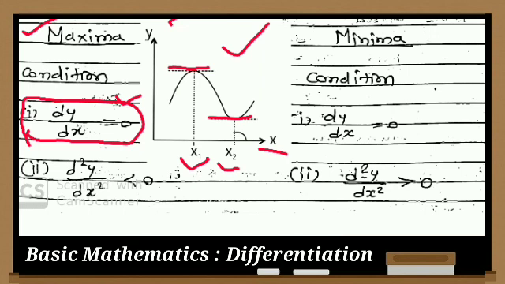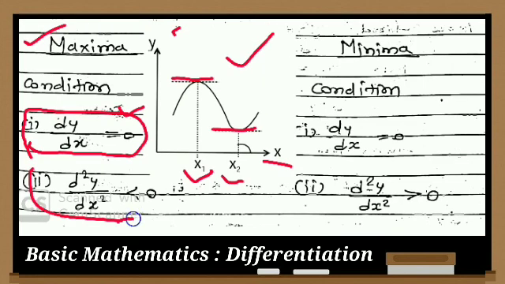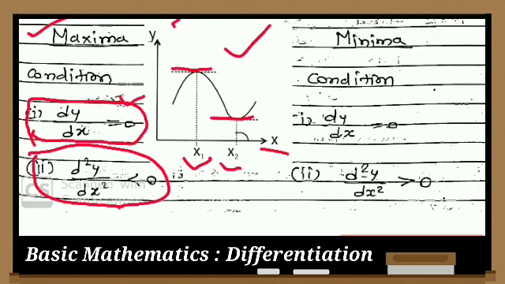In the second condition, we have to differentiate it again. d square y upon dx square is less than 0. That means the double differentiation value should be less than 0. So analyze the graph to find out maxima and minima.